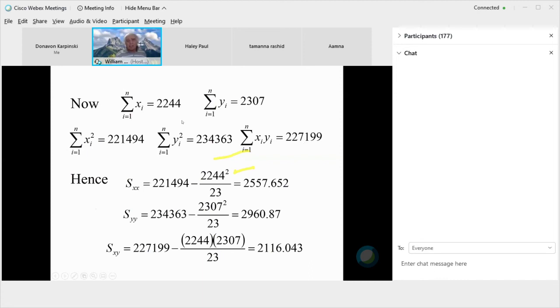SXX is just the sum of the x squared minus the sum of the x quantity squared over n. Same thing for y, working with the y values. And for the product one, we use the products: sum xi yi minus the sum of xi times the sum of yi over n.